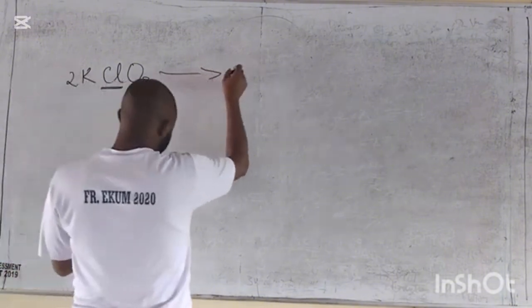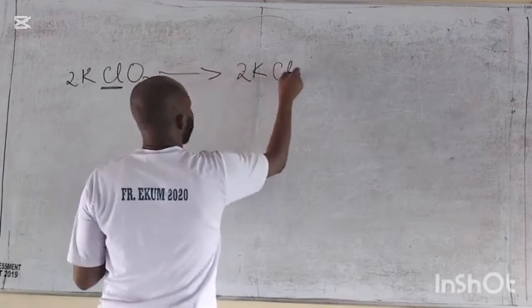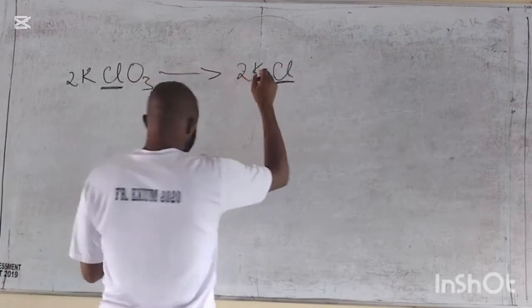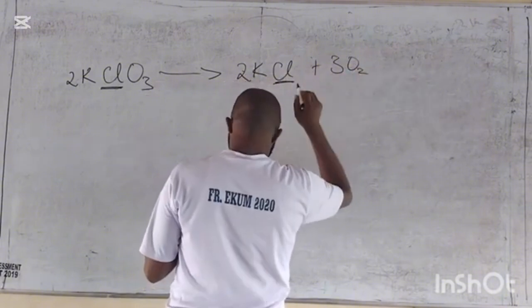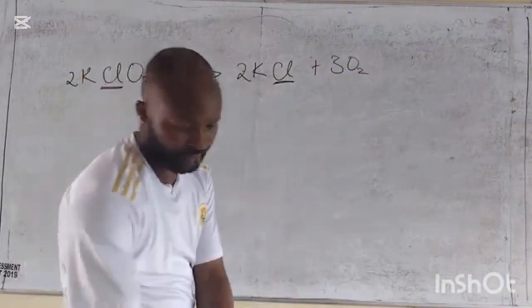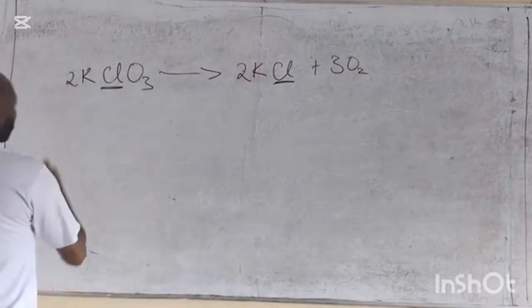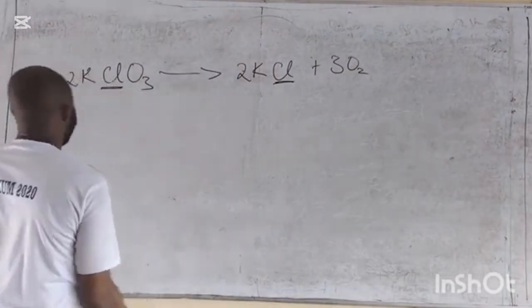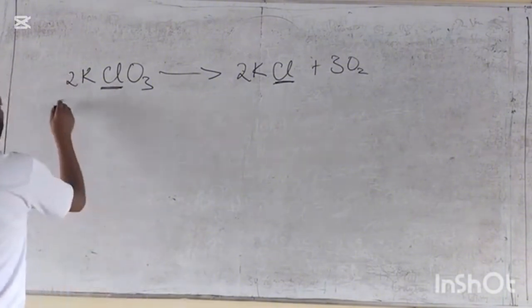It gives us 2 KCl plus 3 moles of oxygen molecule. Let's see what happens here. The 2 will go all through. I can as well just strike out the 2 because it's uniform. But then let's see. This is my 2.